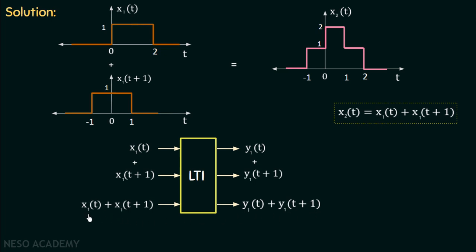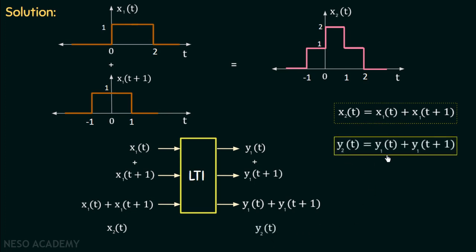Now x1(t) plus x1(t+1) is equal to x2(t). So we can say that y1(t) plus y1(t+1) is equal to y2(t). In this way, we have written y2(t) in terms of y1(t). So now we are done with this example. We will now move on to the next point.